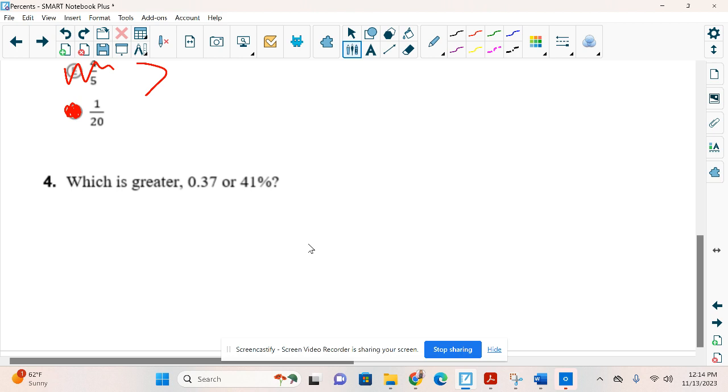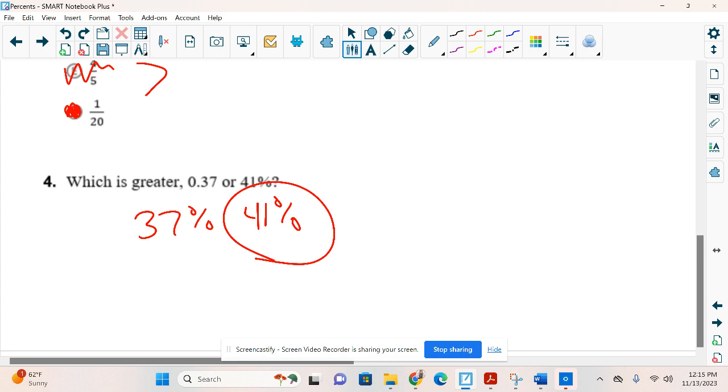You get it? It's 37 books. Alright, so we have 37% or 41%. Which is greater? 41.